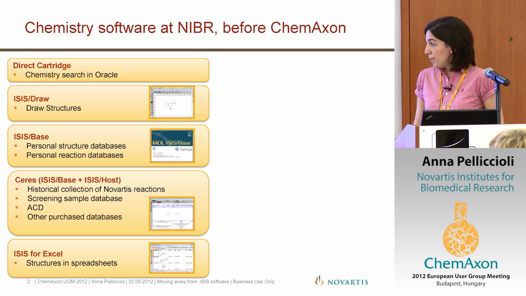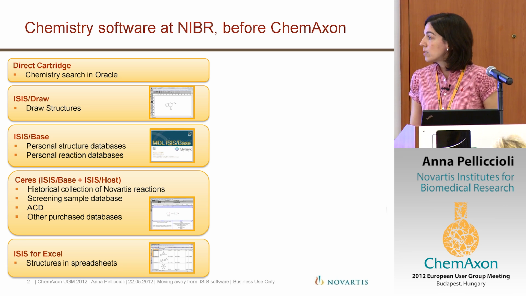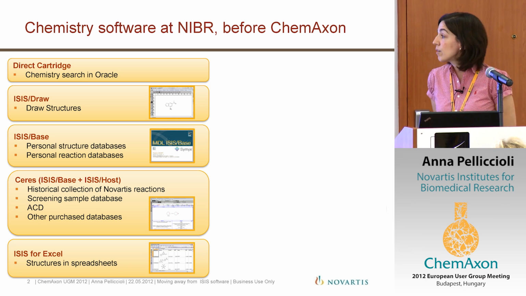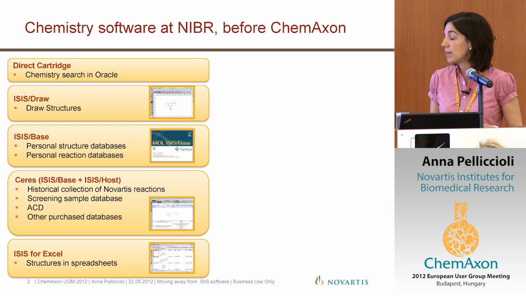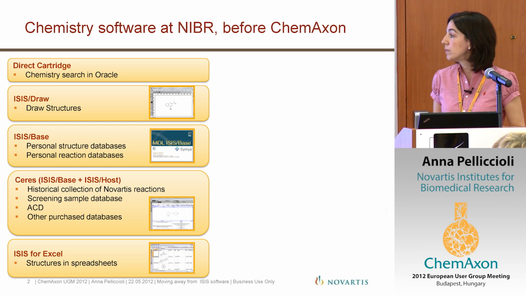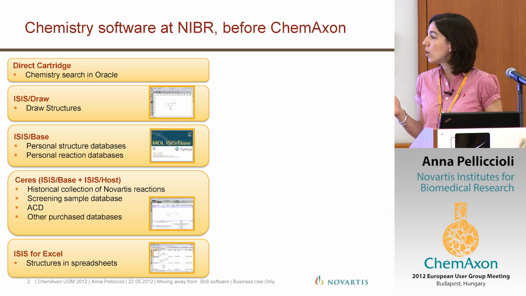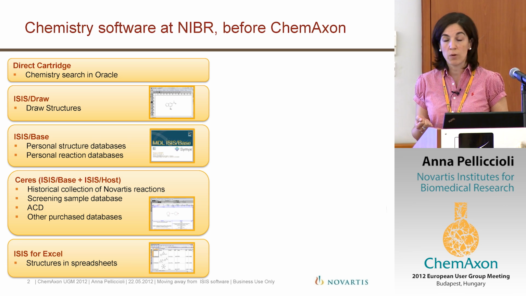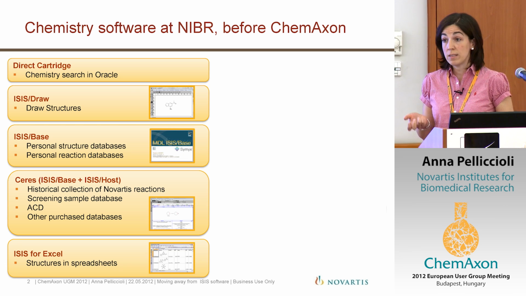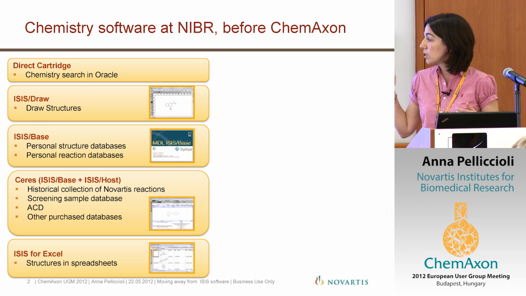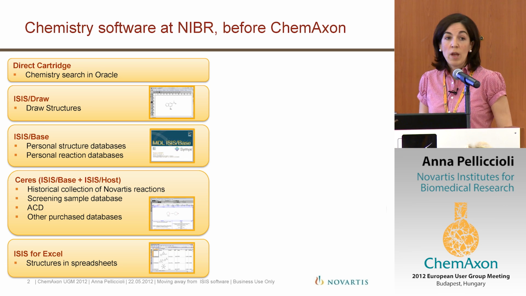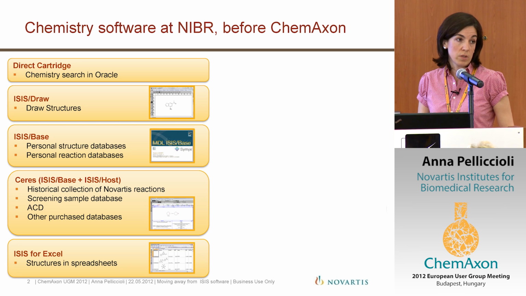We had built our own IJC Space, IJC Host application that we called Ceres, which provides access to a series of remote databases, the most important of which are our historical collection of chemical reactions, the ACD catalog, a large screening sample database, and there's several more in there. And finally, we had IJC for Excel to show structures in spreadsheets.